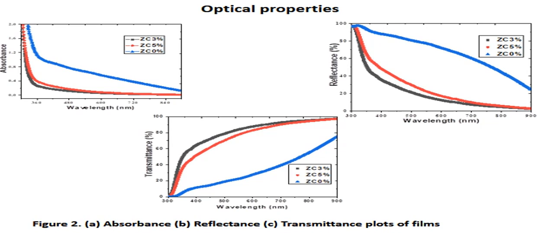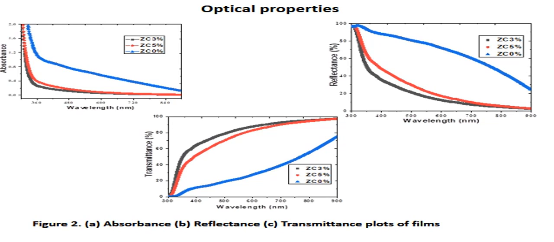Again, the 3% cerium doped sample has the lowest value compared to the other two, with the 5% cerium being in the middle. And the third graph represents transmittance versus wavelength.